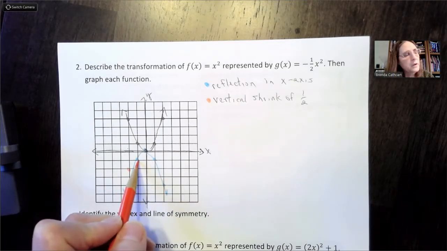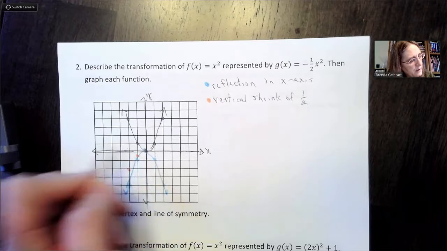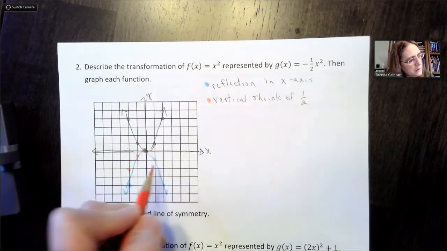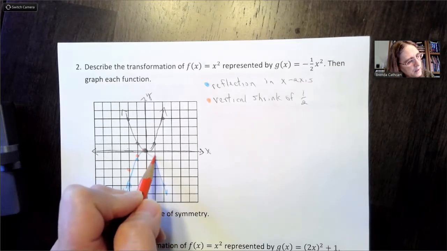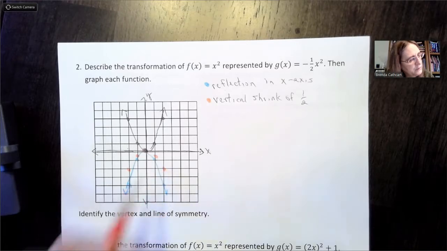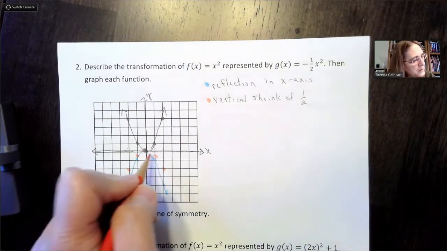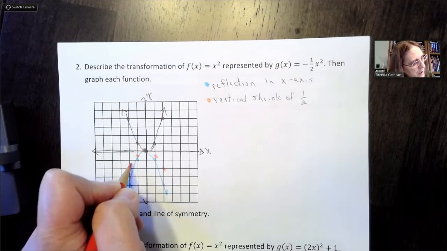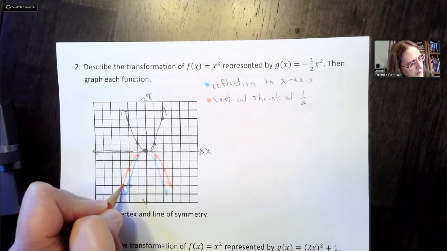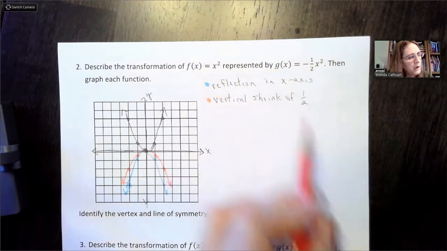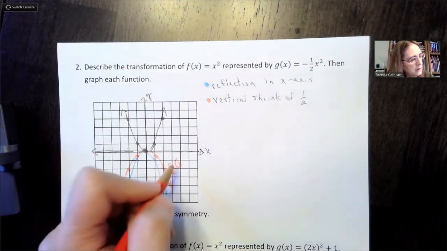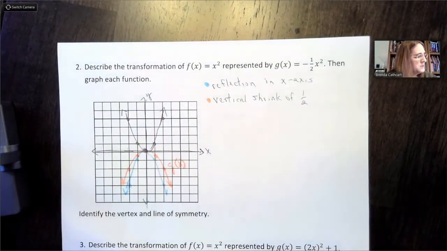And -1 times 1/2 is -1/2. 0 times 1/2, still 0, stays right where it is. -1 times 1/2 is -1/2. And again, -4 times 1/2 is -2. Each one of those y-coordinates is half as large. And now we have our new graph here. And so our graph g of x is represented by the orange graph, which has those points.